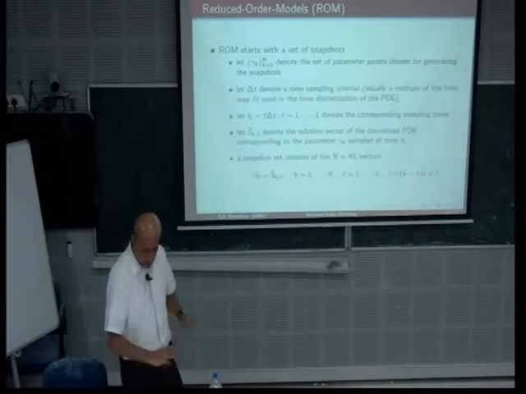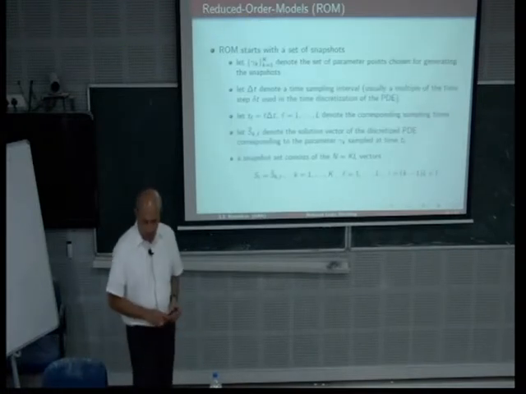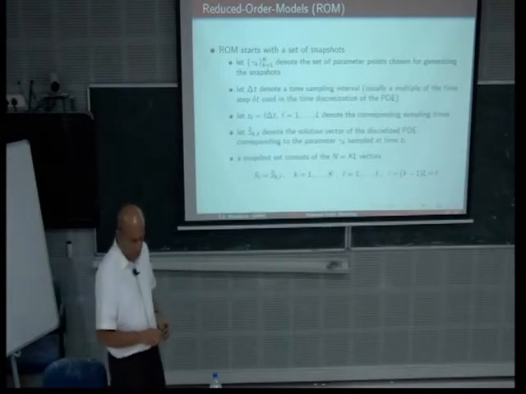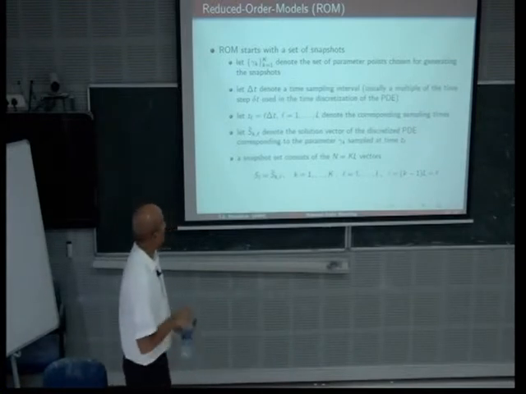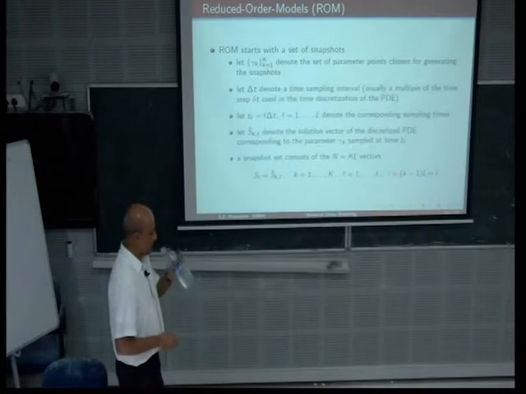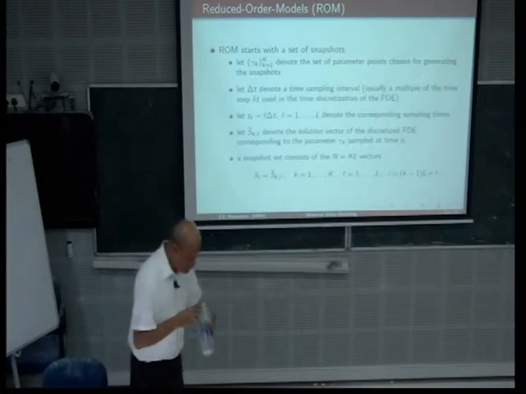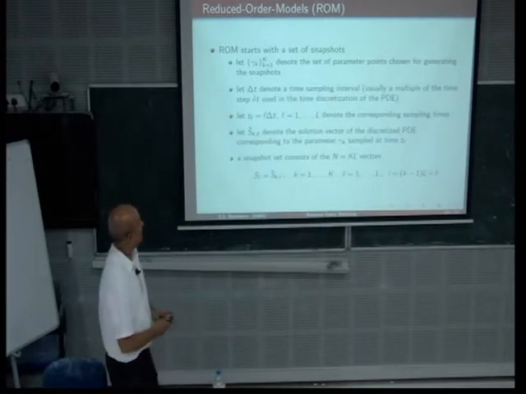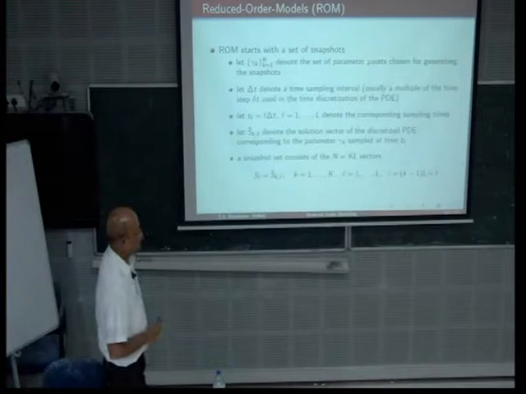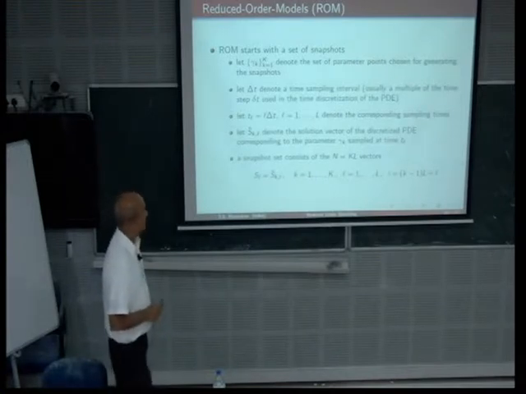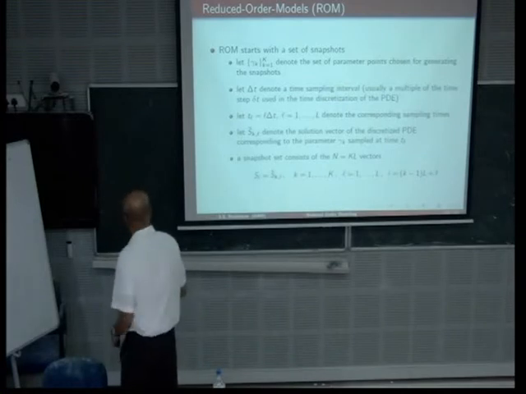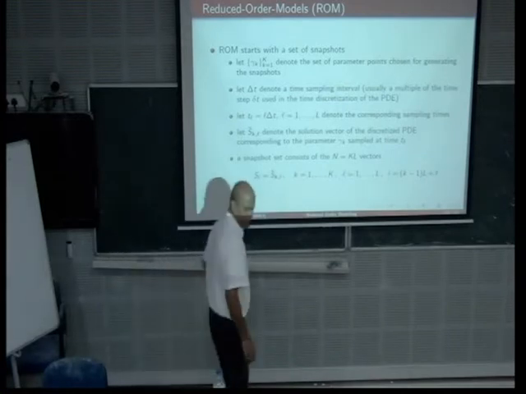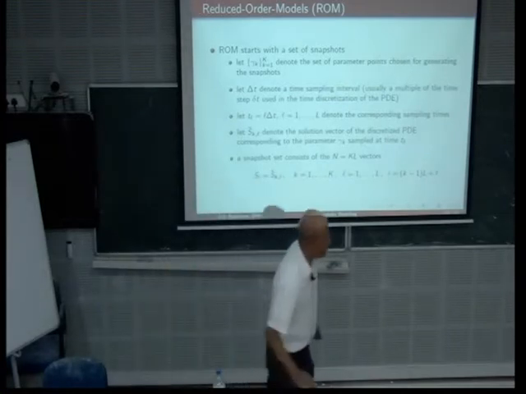Now let me go into the reduced order model construction in general. So you start with a set of parameters. Let gamma k denote the set of parameter points chosen for generating the snapshots. Let delta t denote, let me write it on the blackboard, the time step.